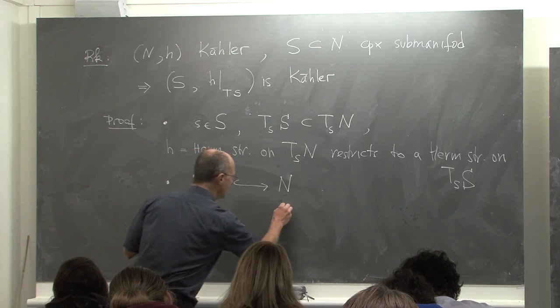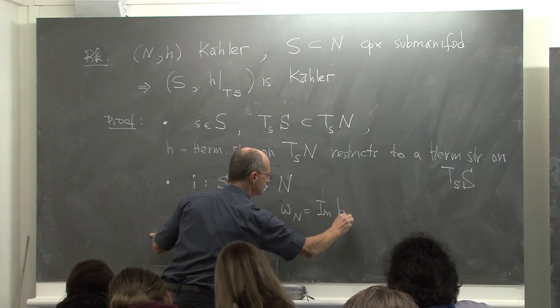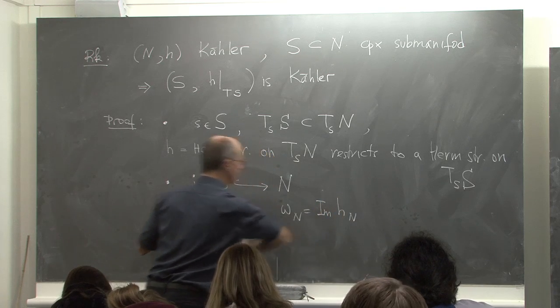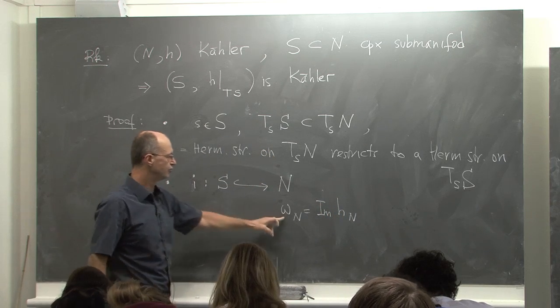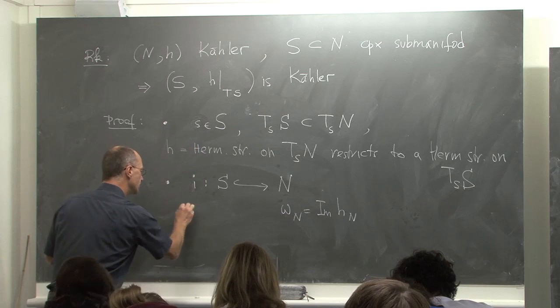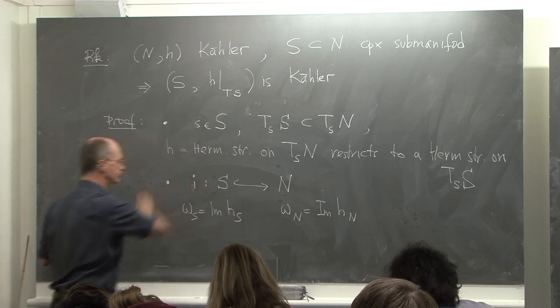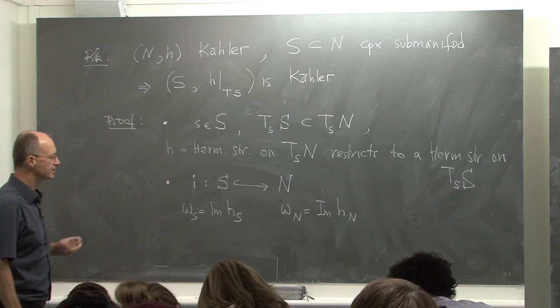Here we have the 2 form which is the imaginary part of H_N, and here we have the 2 form which is the imaginary part of H_S.